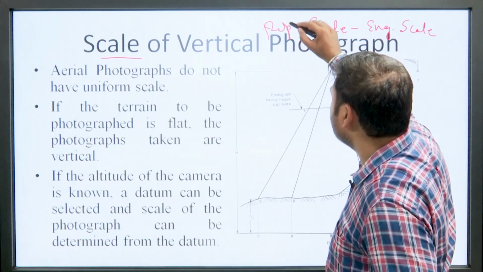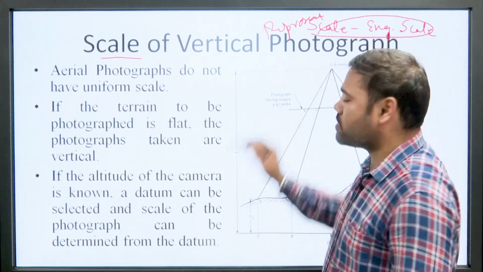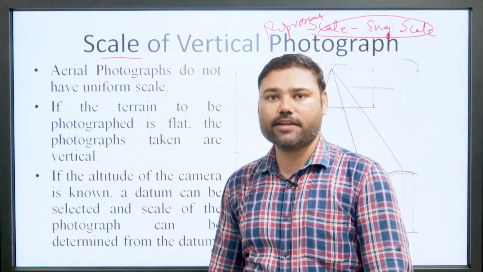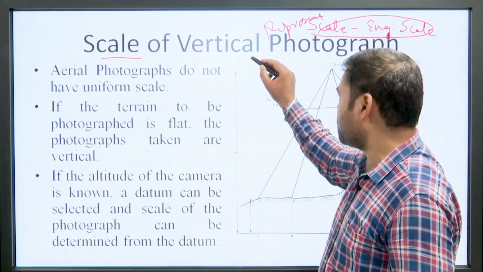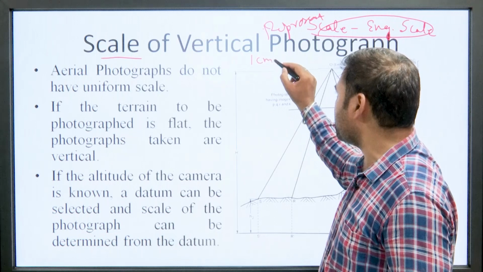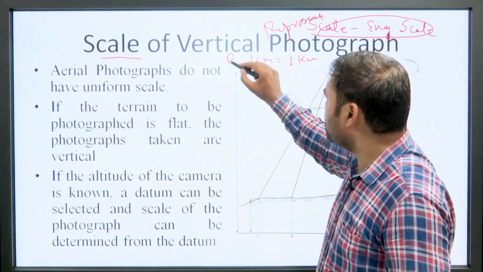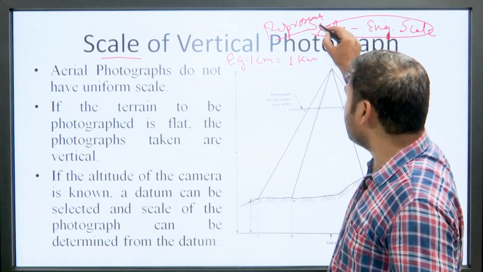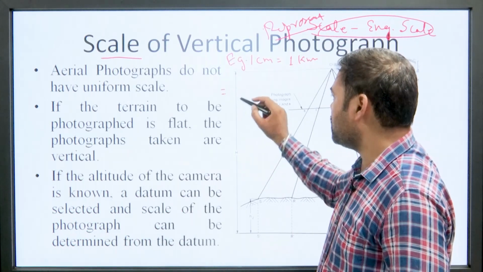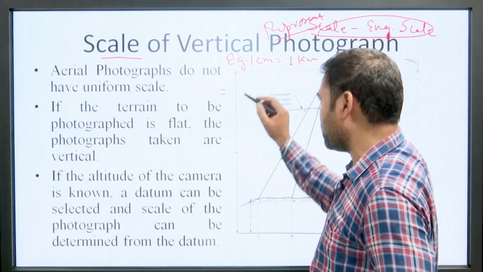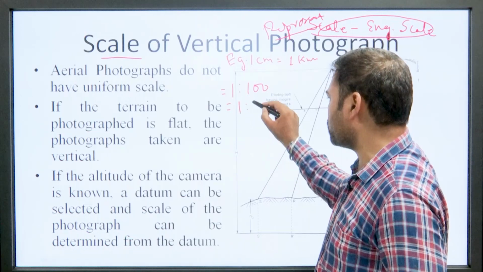In engineering scale, we denote clear instructions, that is 1 centimeter is equal to 1 kilometer, for example. And in representative fraction, we represent the scale in fraction form, that is 1 is to 100 or 1 is to 1000.